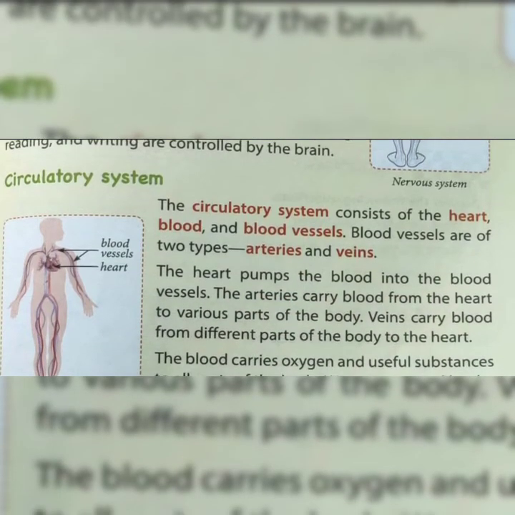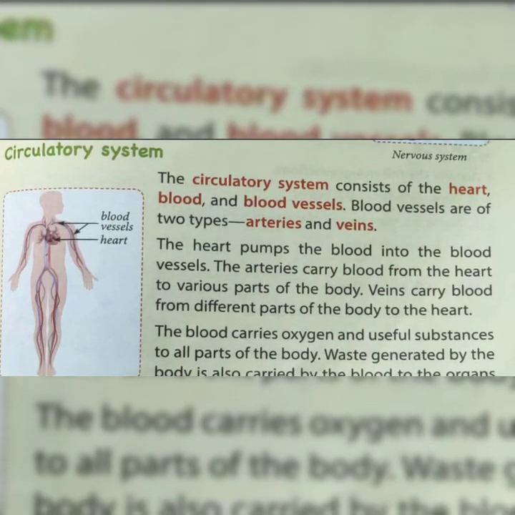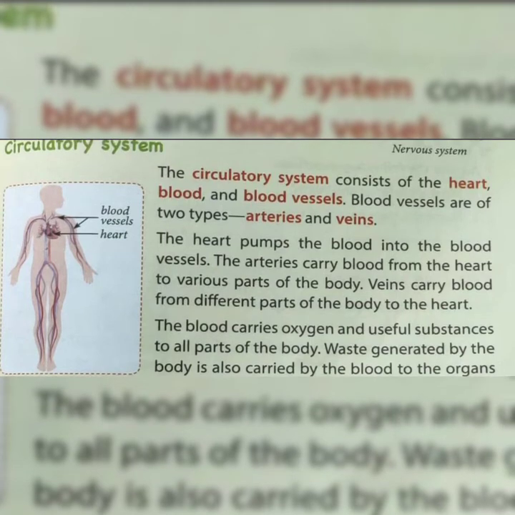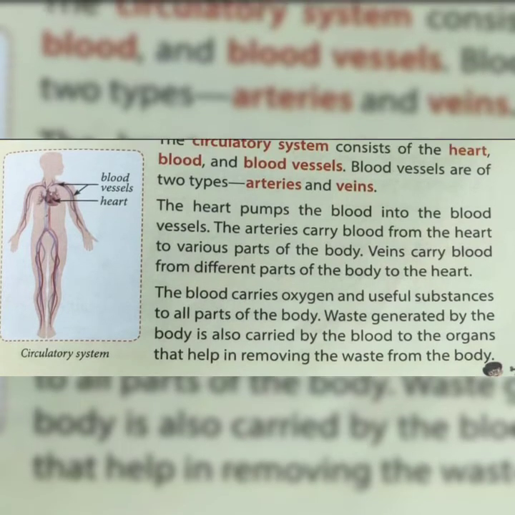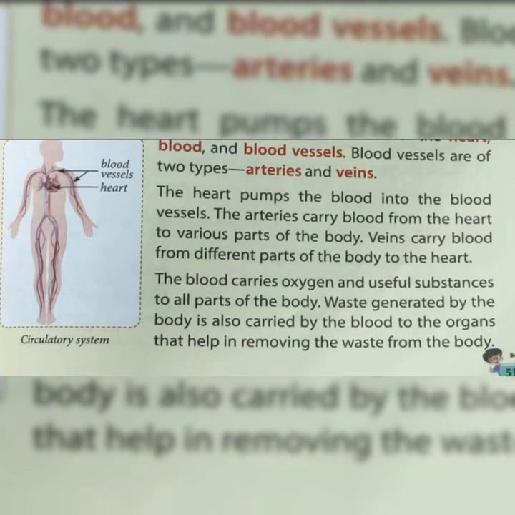Next comes the circulatory system. The circulatory system consists of the heart, blood and blood vessels. Blood vessels are of two types, arteries and veins. The heart pumps the blood into the blood vessels.